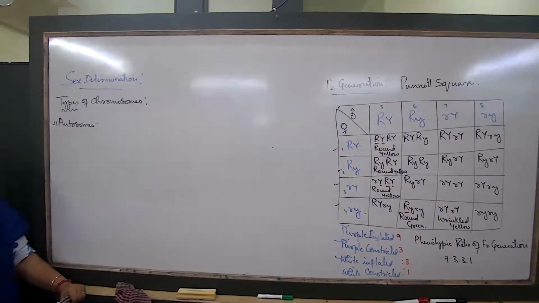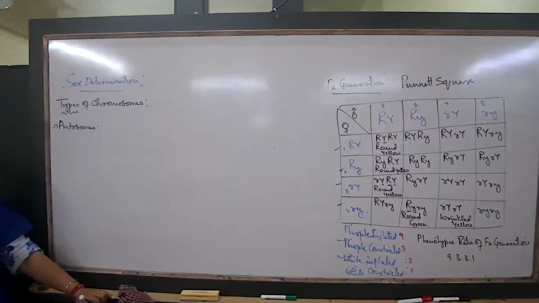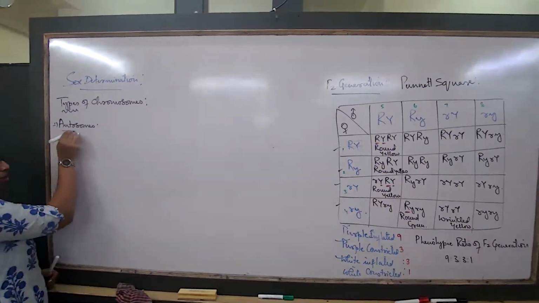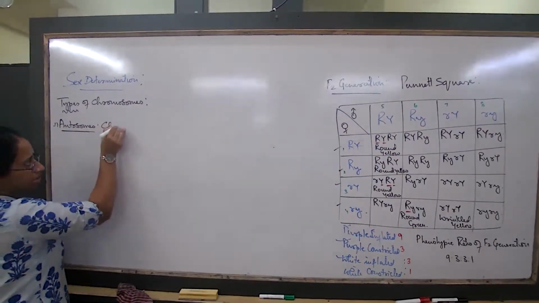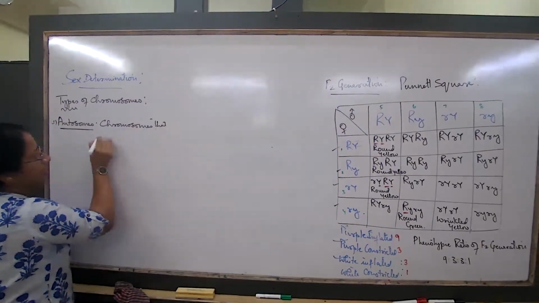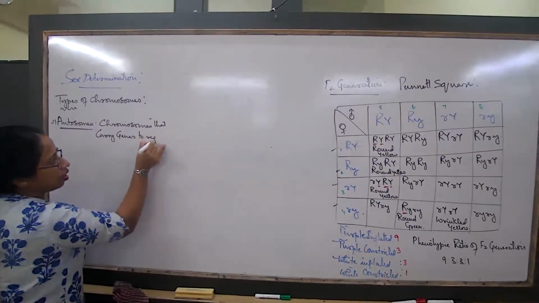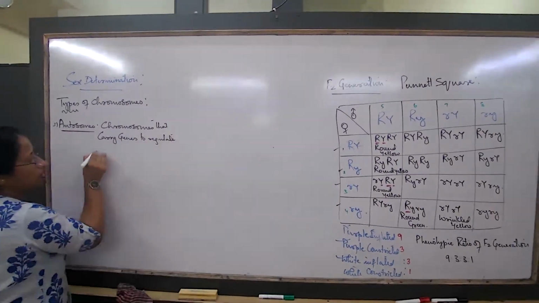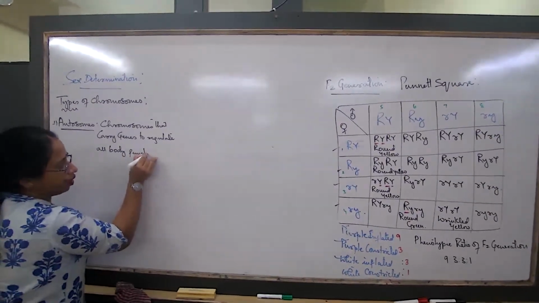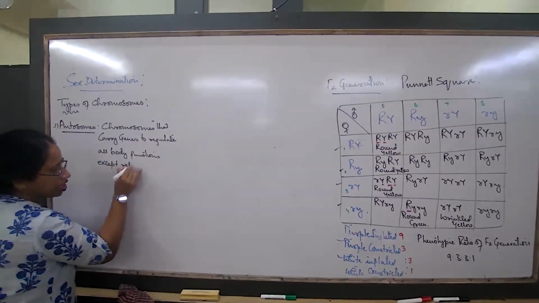Autosomes are chromosomes that carry genes to regulate all types of body functions, except the reproductive functions.